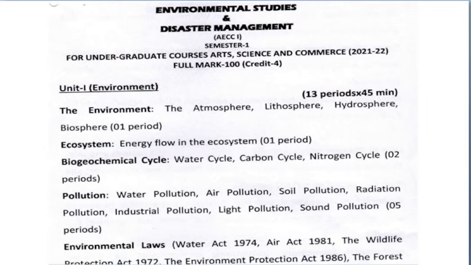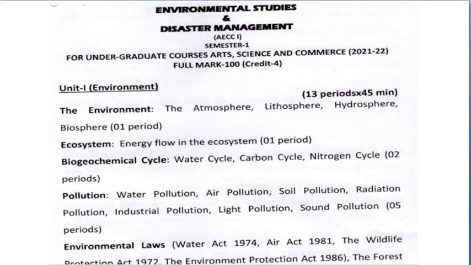Then every unit will be discussed in 13 periods. So look, in unit 1 you have the fundamentals of environment. That means you will learn about atmosphere, lithosphere, hydrosphere, biosphere.